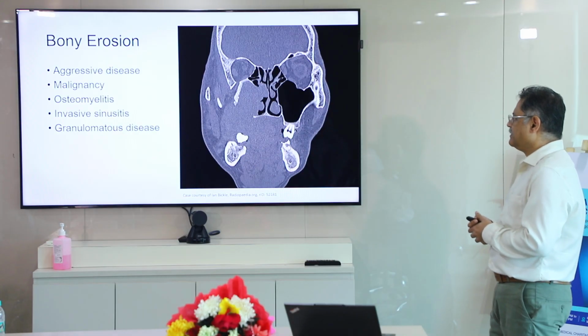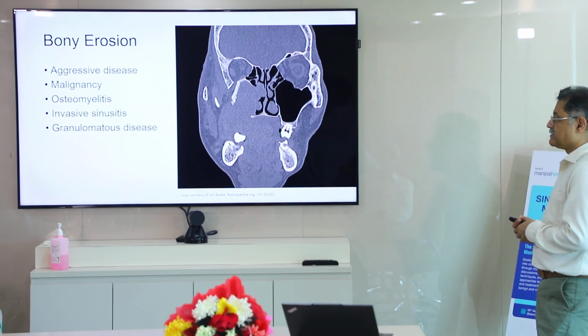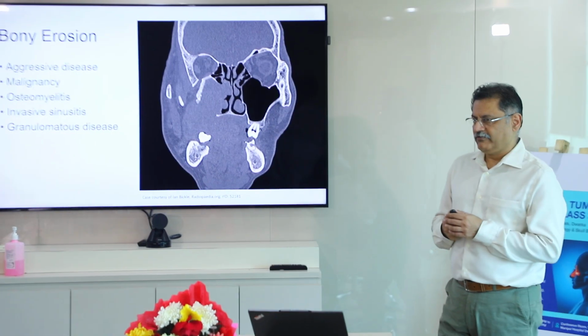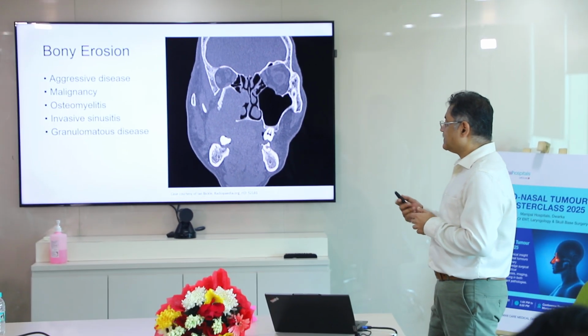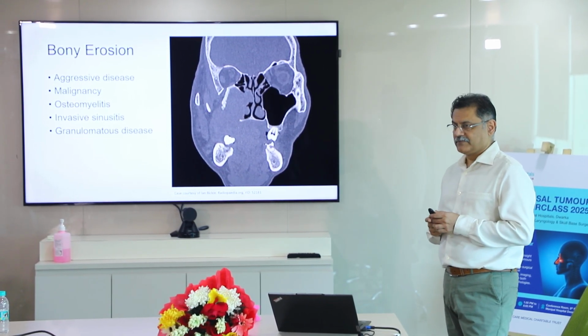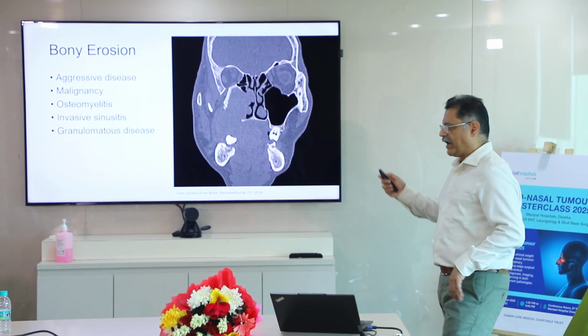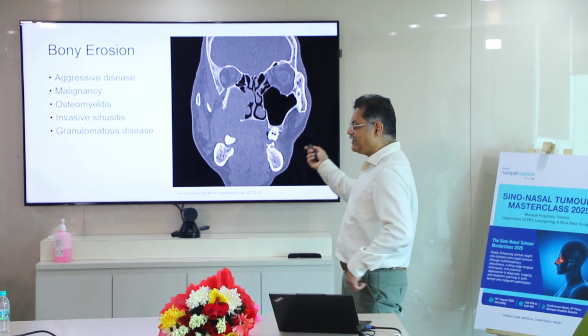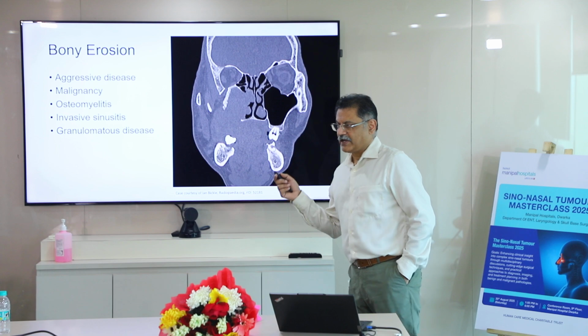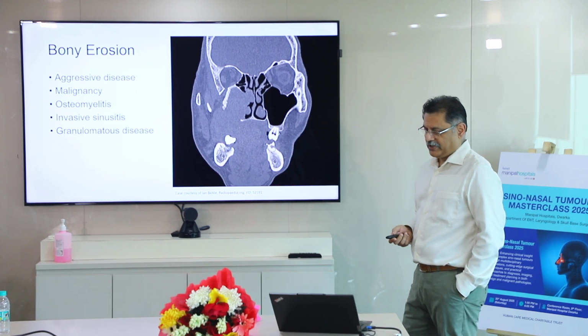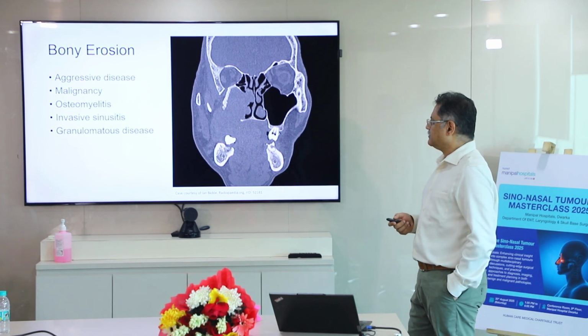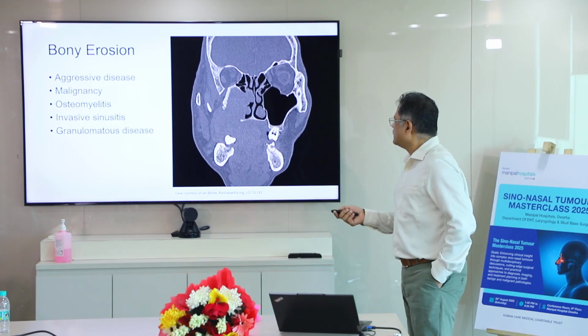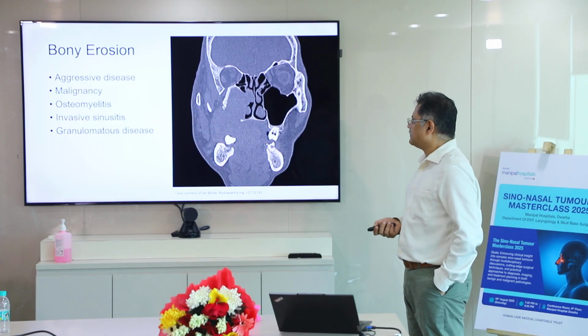We see this in malignancy or osteomyelitis, but also in invasive sinusitis and certain granulomatous diseases. Interestingly, the granulomatous diseases tend to be more central as compared to being lateral, whereas the others, of course, are all over the place.